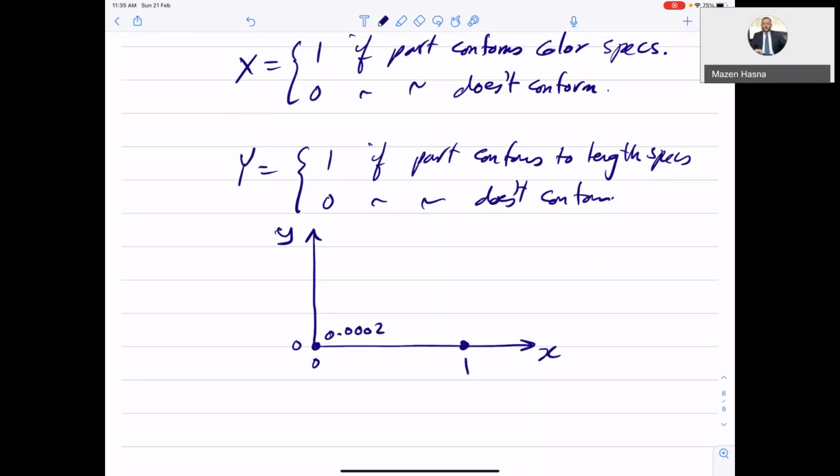X is 1 and y is 0 with probability 0.10198. Y is 1 and x is 0 with probability 0.0098. And the product conforms to both color and length with probability 0.97002.